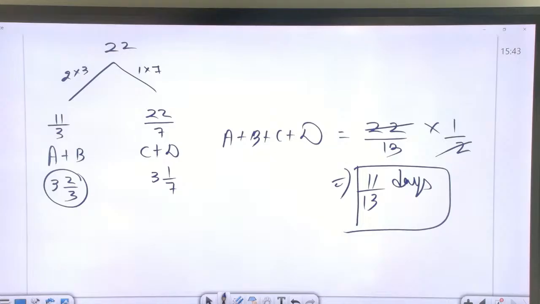A and B can finish a work in 30 days. B and C can finish the same work together in 24 days.